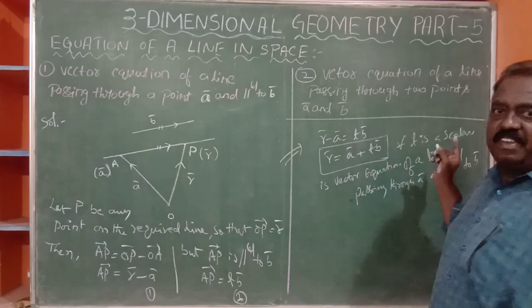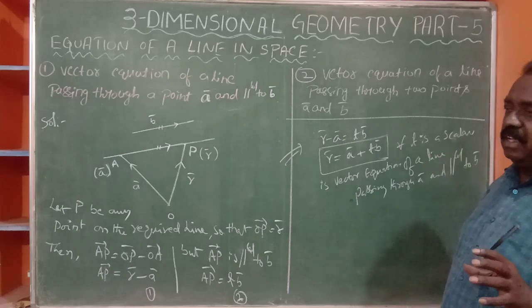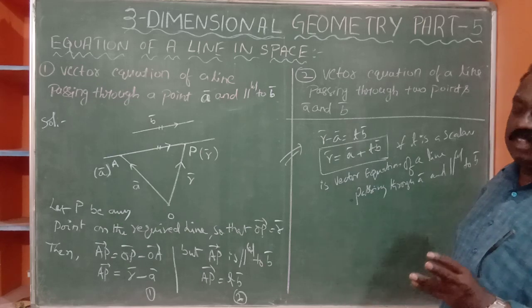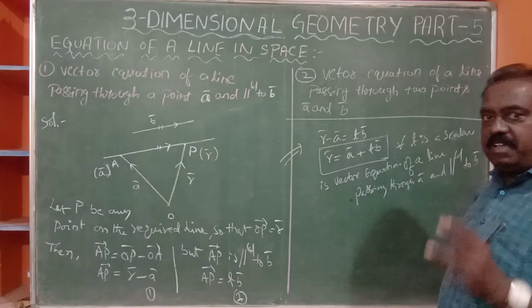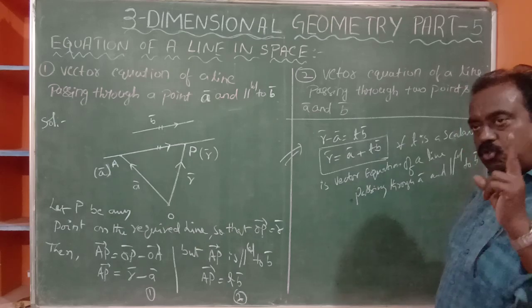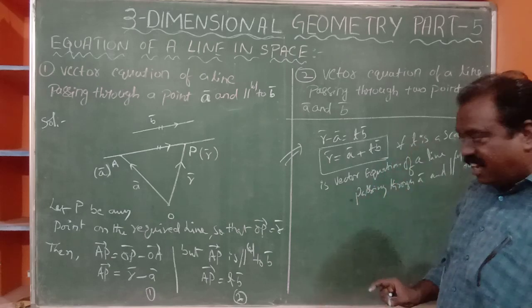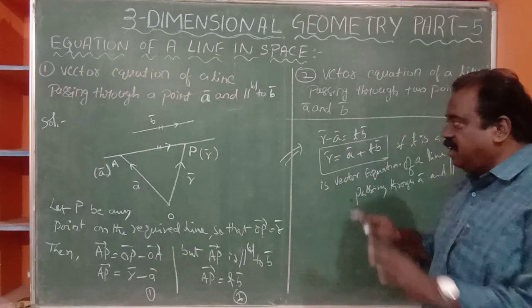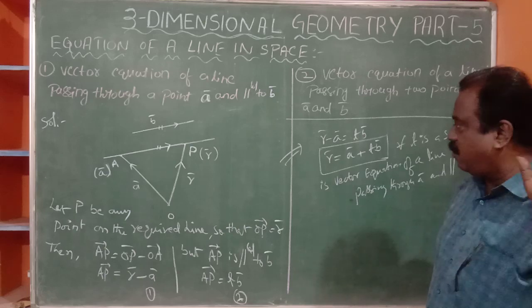That is the vector equation. Very clear. In problems, we are given a vector through which the line is passing and another free vector B bar to which the required line is parallel. We are asked both questions: the vector equation and also the Cartesian equation. I will explain. First, we find the vector equation: R bar is equal to A bar plus TB bar.